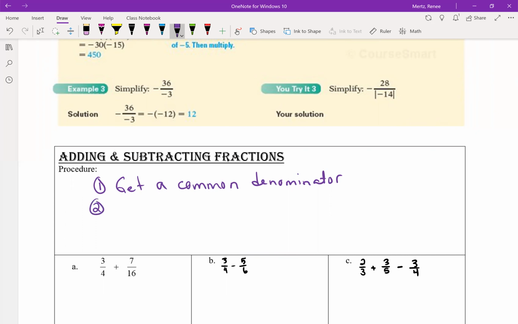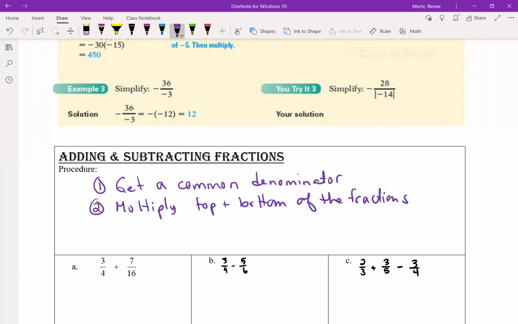After you get the common denominator, you're going to multiply the top and bottom of each fraction by the number needed. So first we're going to multiply the top and bottom to make sure that they match.